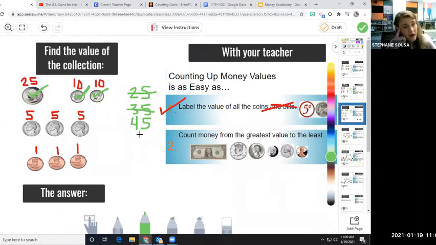I'm counting by fives. So in my head, I can go 40, 45, 50. Plus 1 nickel would be 50 cents. I have another nickel, so 50 up to 55. That's 2 of my nickels.